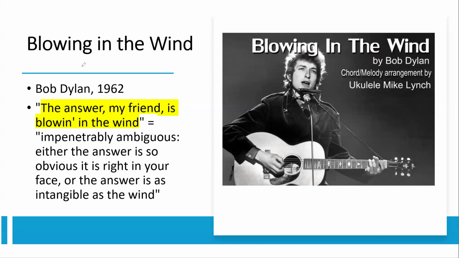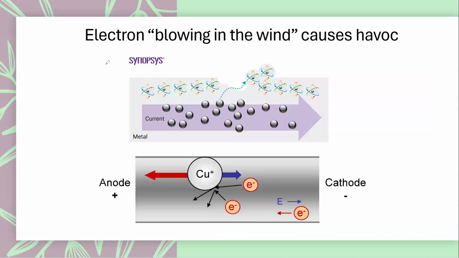Why do I mention Blowin' in the Wind as my icebreaker? Well, because it happens to electrons. Electron wind blowing causes havoc. You can imagine the electrons flow in this direction, and it could cause the ions to move around. Very interesting.